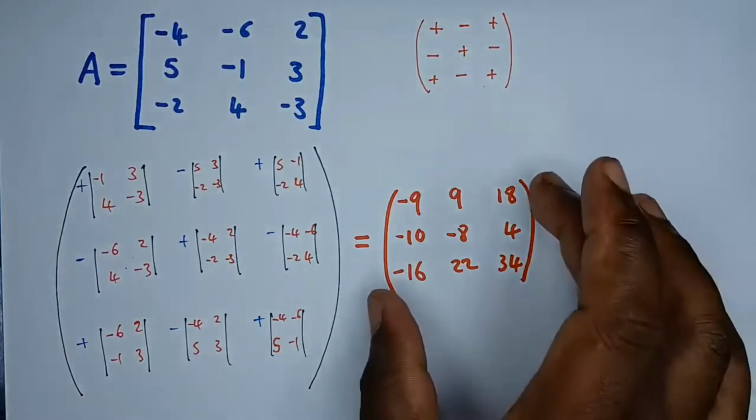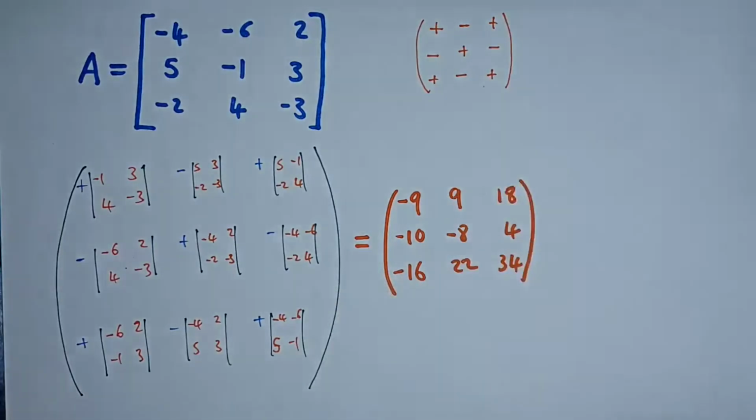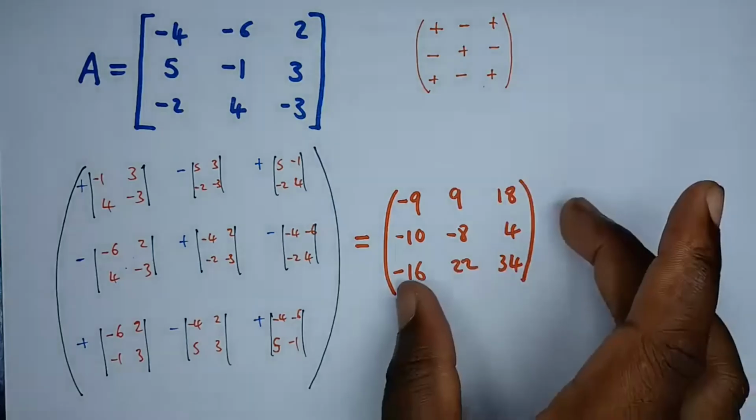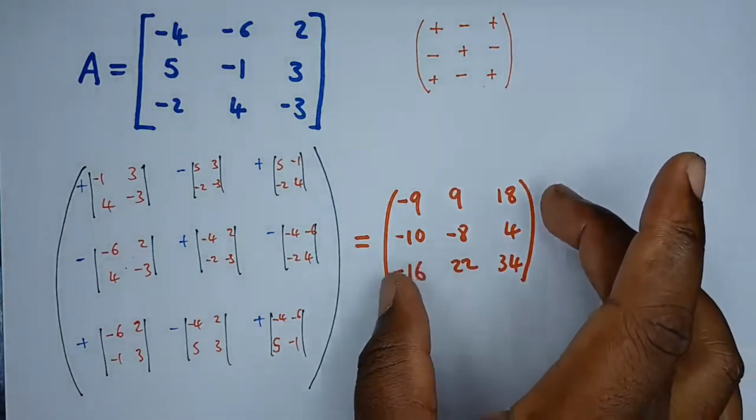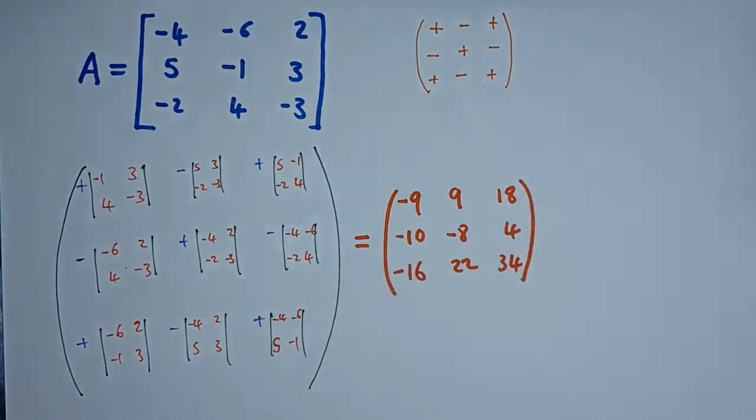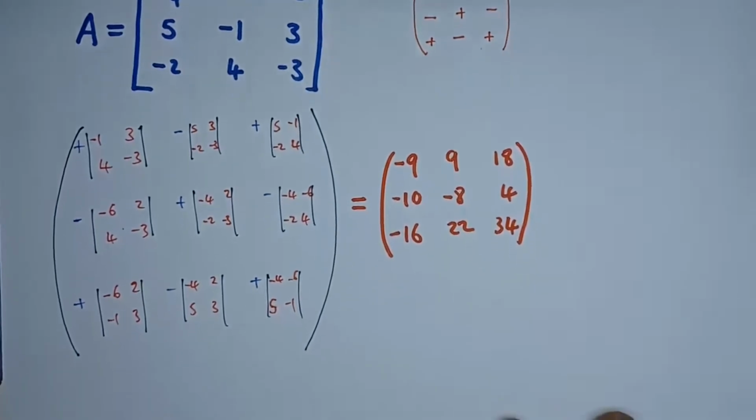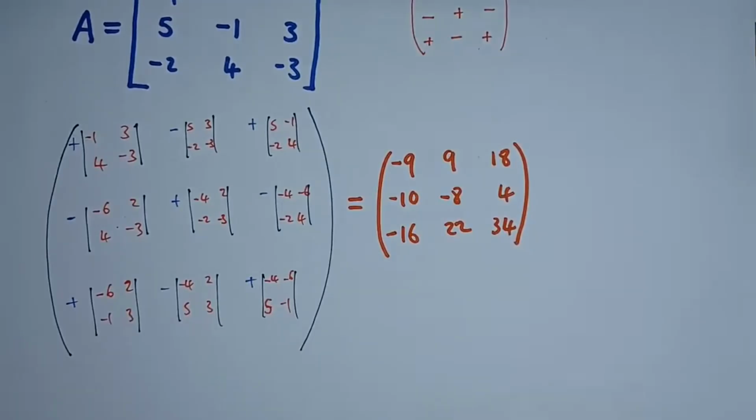So with these cofactors, what we're going to do is transpose this matrix. If we transpose this matrix, what we're going to get is the adjoint of A. So after finding your cofactors, we have to transpose it. So let's transpose.